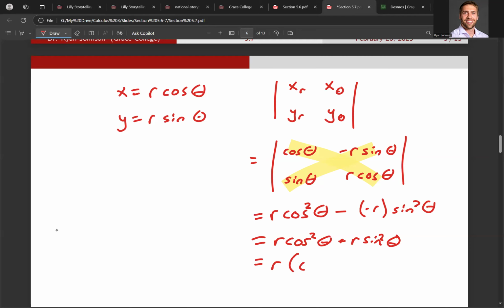Which is r times cosine squared theta plus sine squared theta, which is just r. Okay, so when you switch to polar, your Jacobian is r. That's the extra thing you have to multiply in when you change variables. Okay? And so then that means dx dy equals r dr d theta. Okay? That's what the Jacobian is all about.